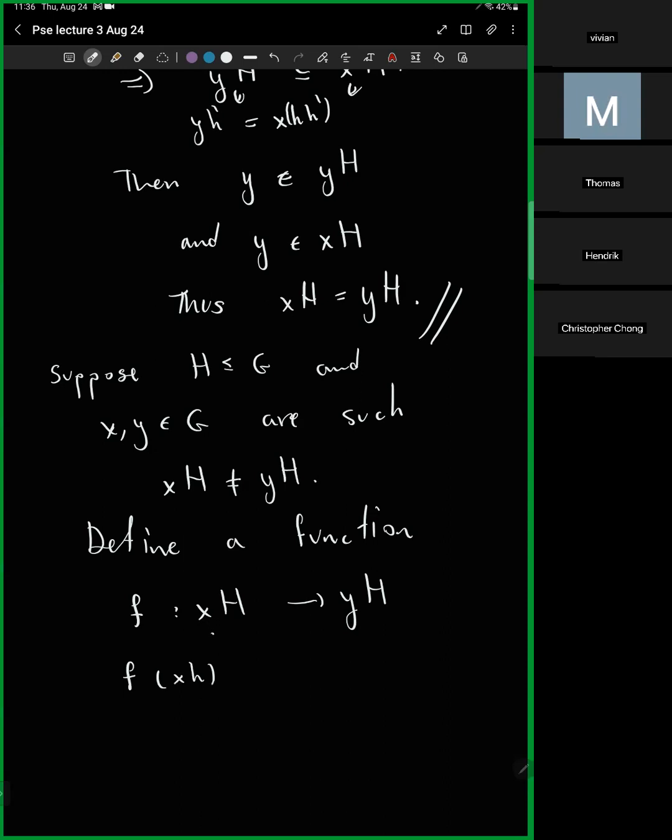Every element alpha here can be uniquely written as some x times h. This h is unique. So I can define the function on this expression xh, and what I do, I send it to yh. Very, very intuitive.